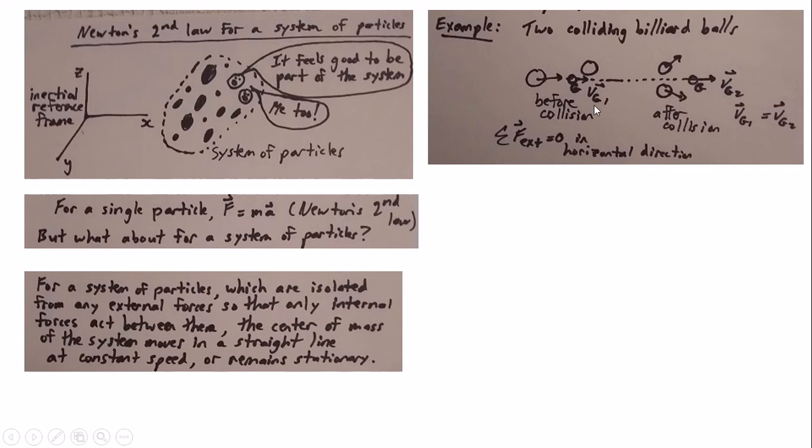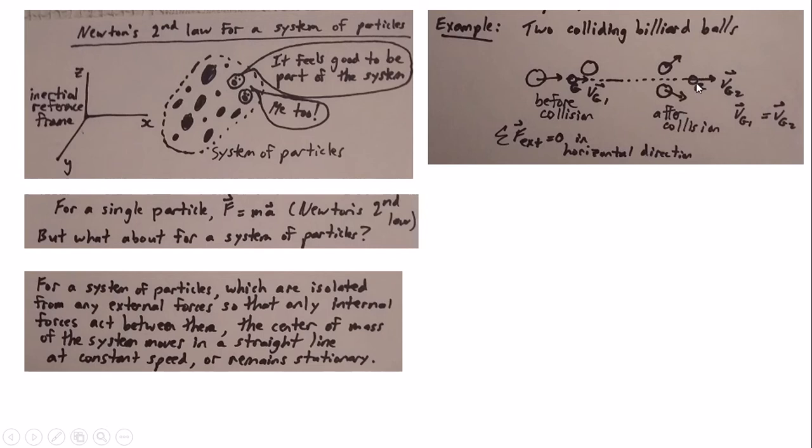Now vg1 is equal to vg2 because there is no external forces acting in this system. So basically, as mentioned, the sum of the external forces acting on this system is zero in the horizontal direction.